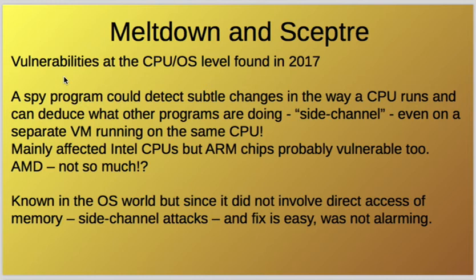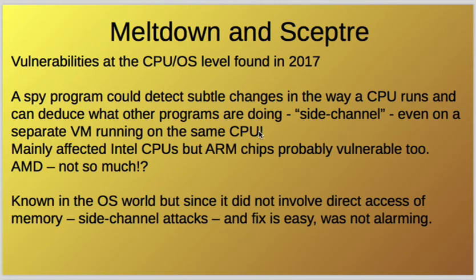A spy program could listen and see what the CPU and the OS were doing, and detect subtle changes in the way a CPU runs and deduce from that what other programs are doing on the CPU, even unrelated ones. And the programs could even be on a separate virtual machine running on the same physical CPU.